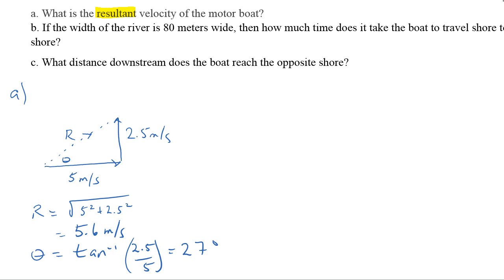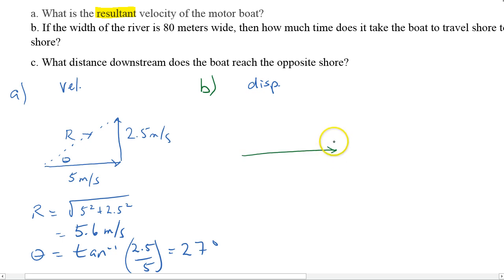or if someone was watching from the shoreline. Part B asks, now, if the width of the river is 80 meters wide. So this here was a velocity vector. And so now we are talking about a displacement. And so in our displacement here, the boat will be traveling a horizontal or east-west displacement of 80 meters.